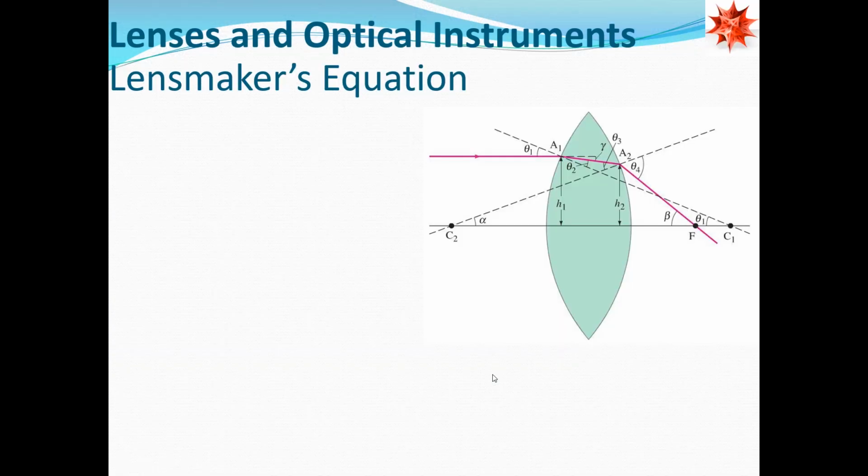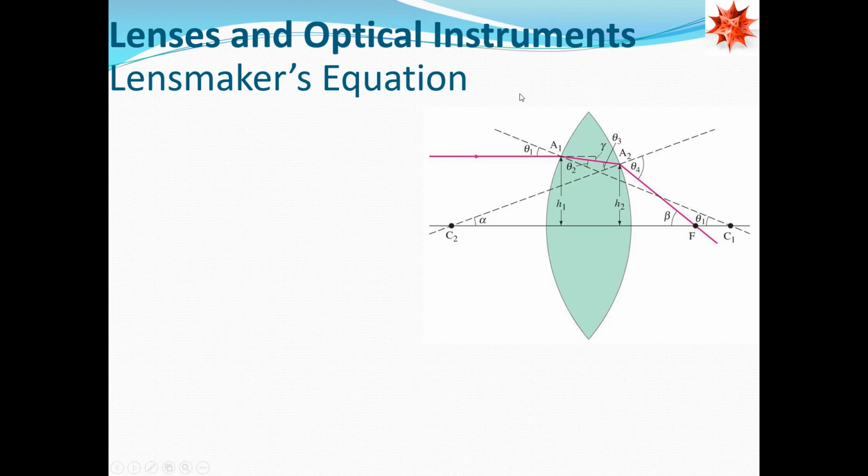Now, I just want to throw in a little bit that we have an equation called the lensmaker equation, which is a much more in-depth version of the lens equation that we've been dealing with. If you notice, one of the things that I kept repeating is that these were thin lenses, and one thing that I didn't mention was how these sides are curved.